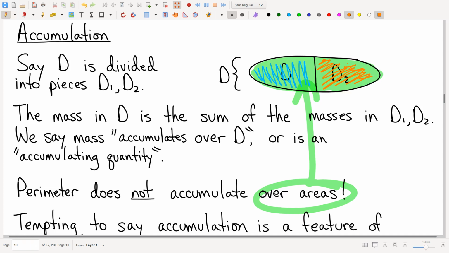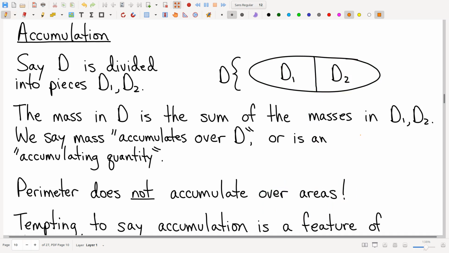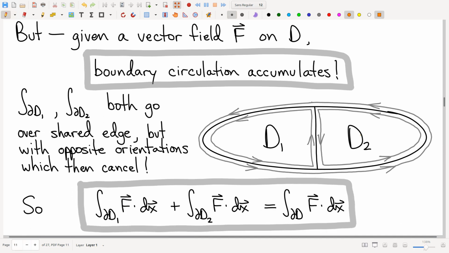So as much as I like accumulation and using accumulation arguments, let's not lose our cool and go around assuming that everything accumulates, right? Perimeter clearly doesn't. That said, there is a particular accumulating quantity of interest that feels a lot like perimeter but isn't, and it's boundary circulation. This is very surprising. Boundary circulation is an accumulating quantity.